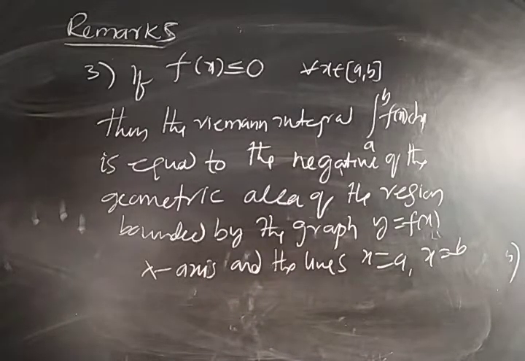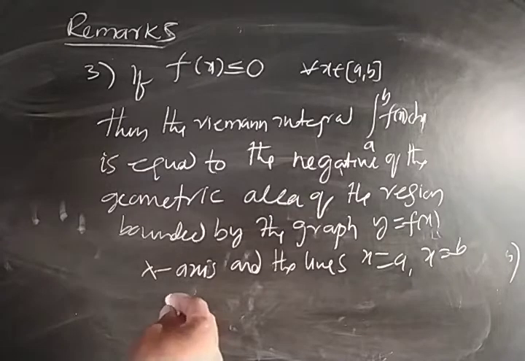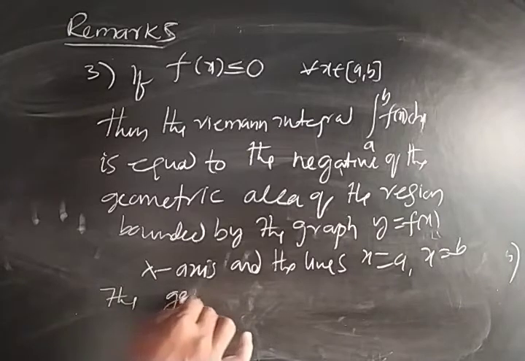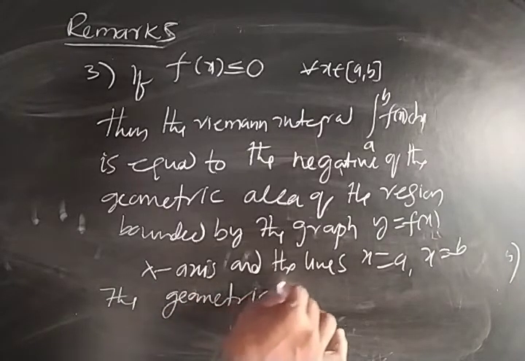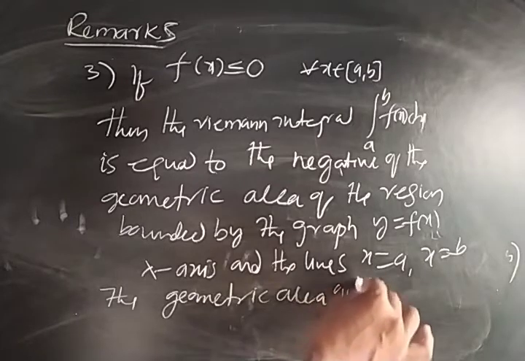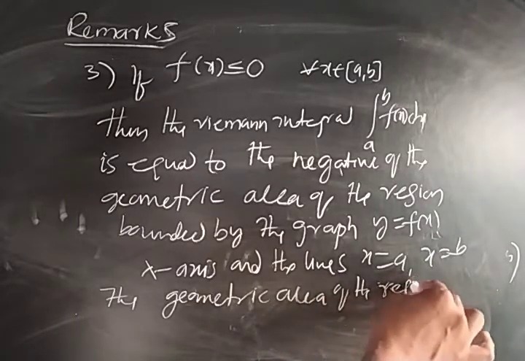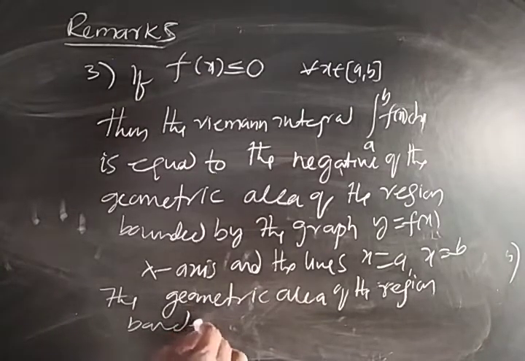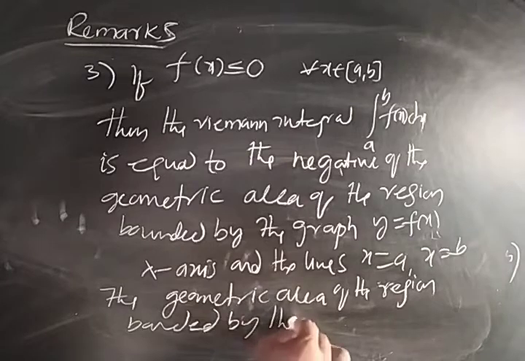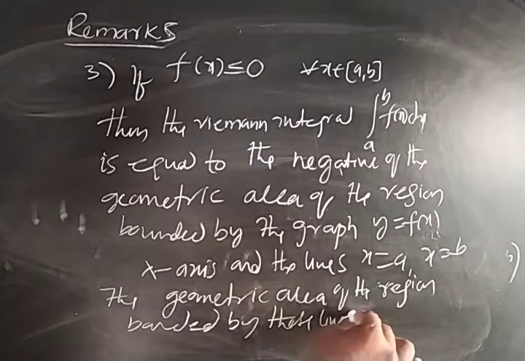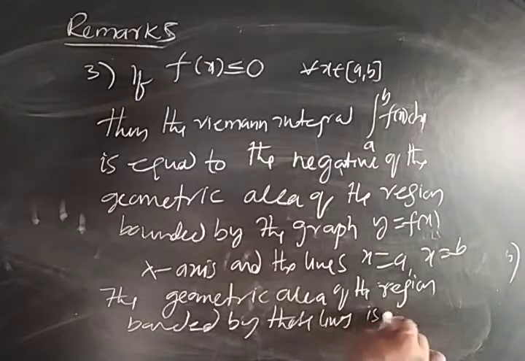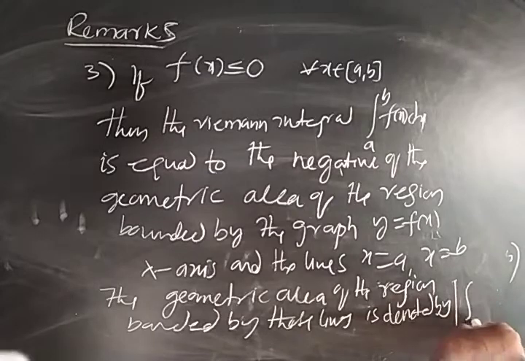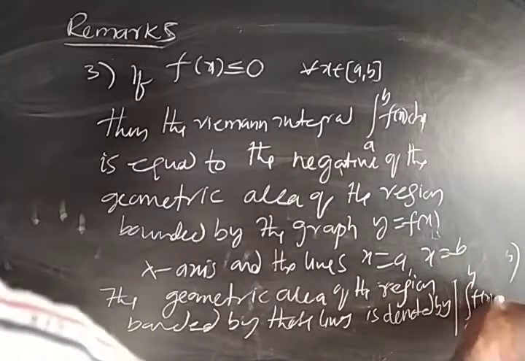The geometric area of the region bounded by these lines and the graph is denoted by the mod of the integral from a to b of f of x dx.